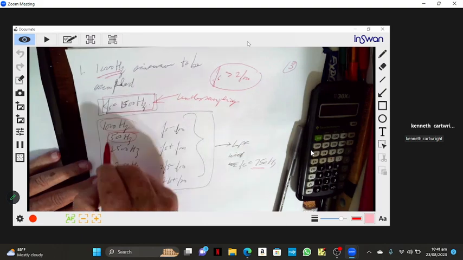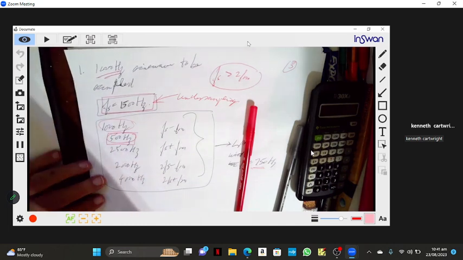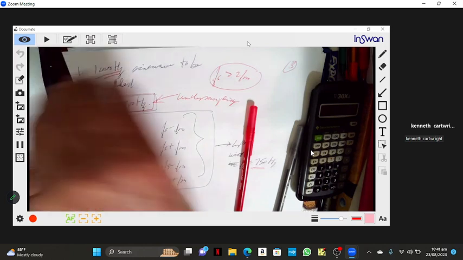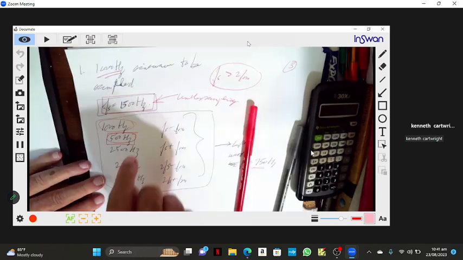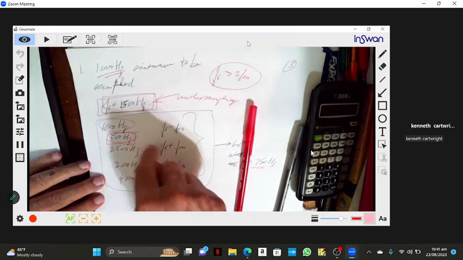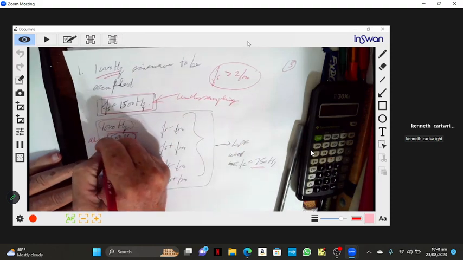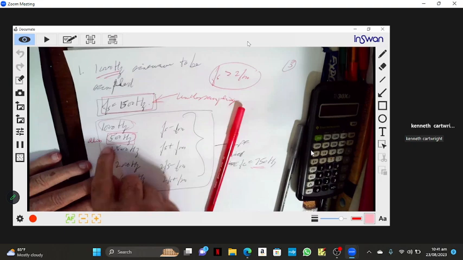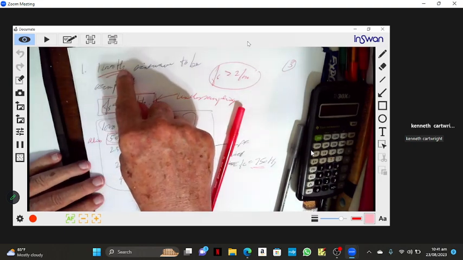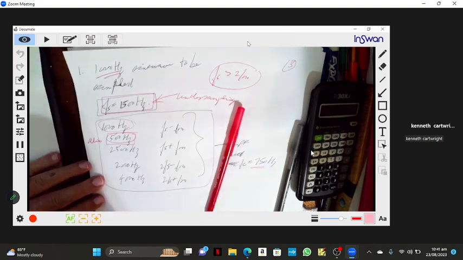I get back 500 hertz. So my original signal of 1,000 hertz, when I pass the sample signal through the low-pass filter, I retrieve 500 hertz, not my original signal. This is called an alias of the original.